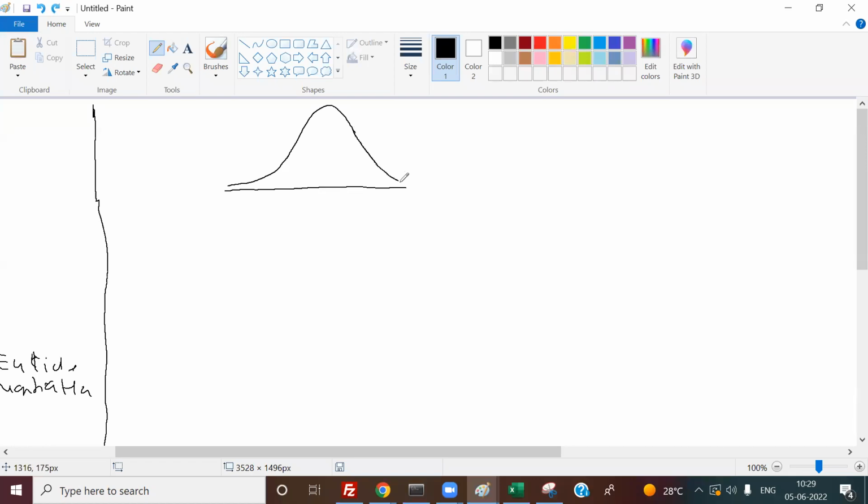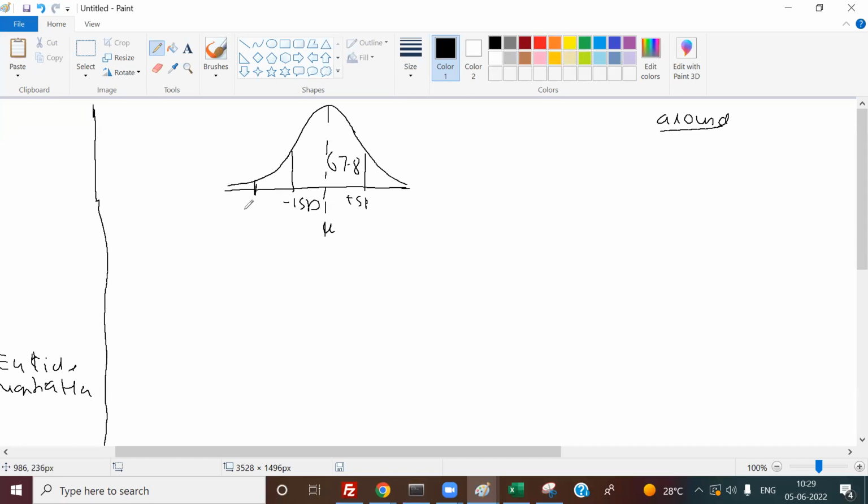So in normal distribution, if this is your mean, mu, then within your plus minus 1 standard deviation, you would be having around 68% of the data. And keep my words, I am saying around. I always use this word around when I'm talking about distributions, because it may never be exactly, it would be around.